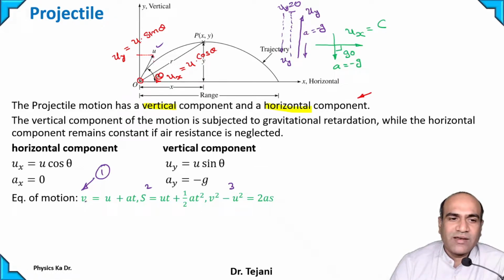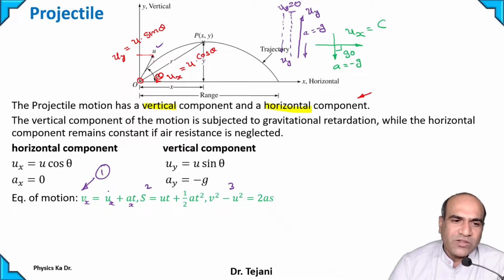We can take the x direction: vx is equal to ux plus ax t. So vx represents the velocity with respect to the horizontal axis, and ux is the initial velocity with respect to horizontal, right?